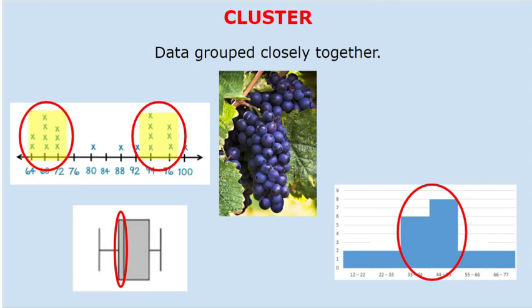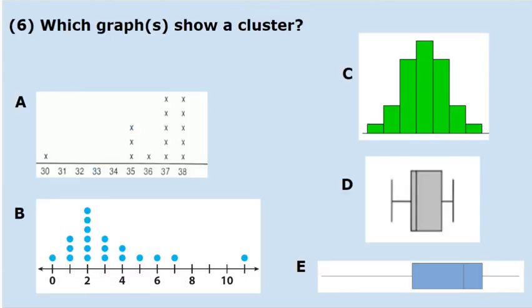That says one quarter of all the data is crammed closely together in that quartile of the box plot. A very narrow quartile suggests a cluster. So looking at these 5 examples, which graph or graphs show a cluster?